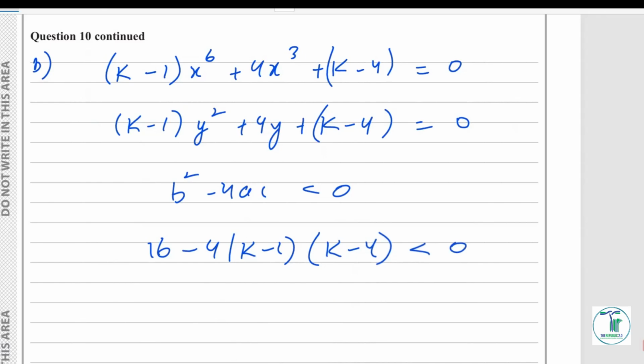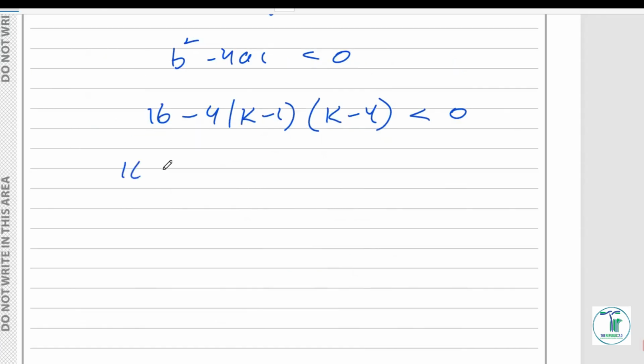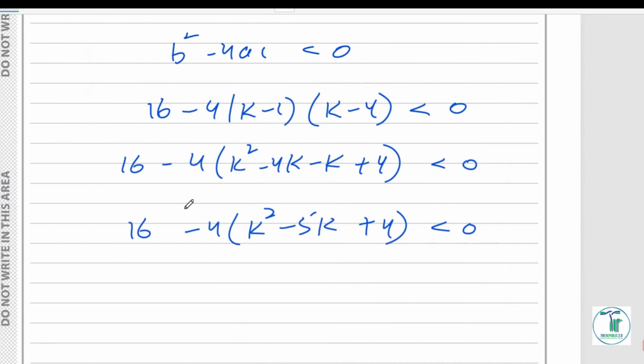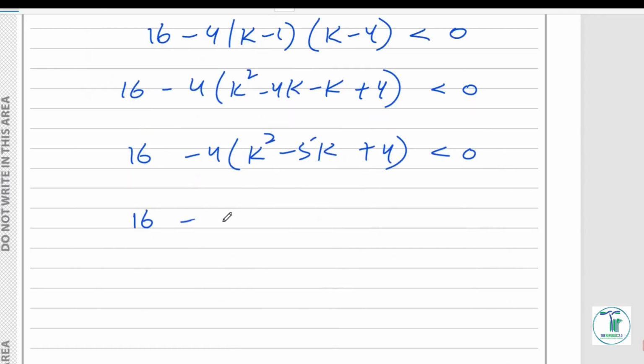I'm just going to sort it down. So 16 minus 4 times (k squared, minus 4k, minus k plus 4) should be less than 0. 16 minus 4 times (k squared minus 5k plus 4) should be less than 0. And now 16 minus 4k squared plus 20k minus 16 is less than 0.